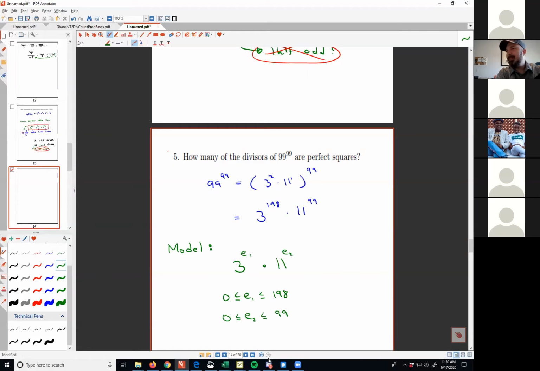The question is, how many of these divisors are perfect squares? Well, we could start by comparing actual perfect squares and their prime factorization.